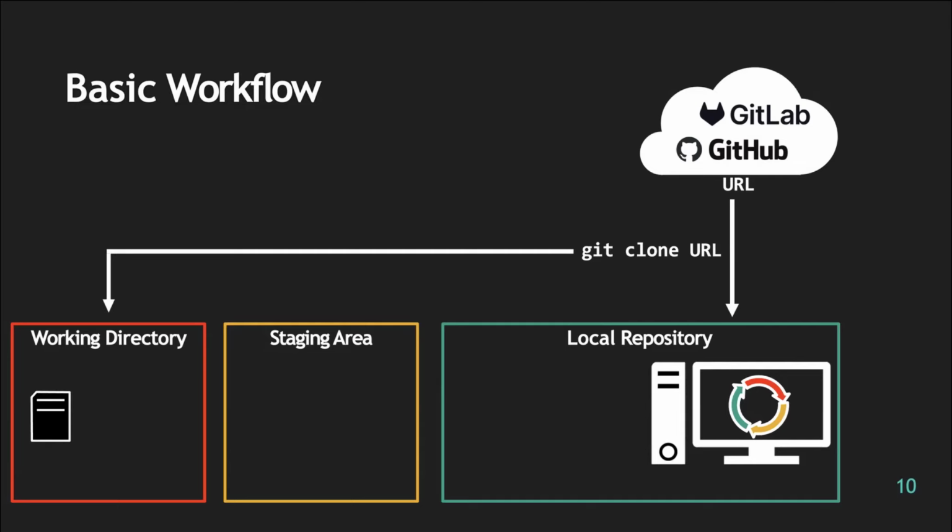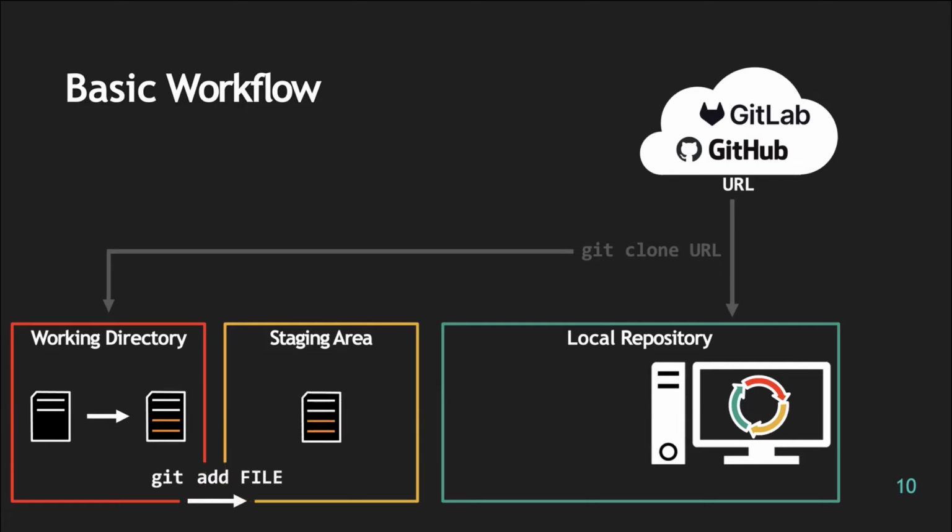So now we can go ahead, change to that working directory, open files there, and make some changes. And this now means the file is not the original one from the repository. We have the file in this modified state. And then we can use the command git add and that file name to add it to the staging area.